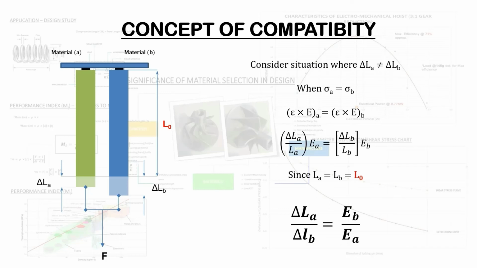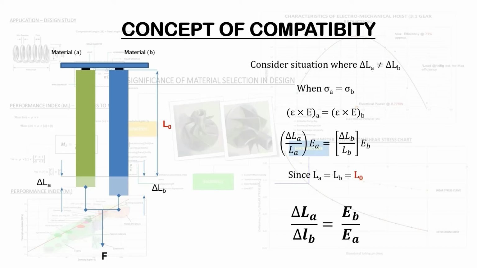Delta L_A over L_A times E_A, so that's basically the change in length in section A divided by its original length multiplied by its Young's modulus, is equal to the change in length with respect to material B divided by its original length times its Young's modulus.